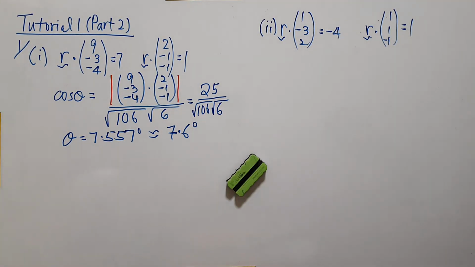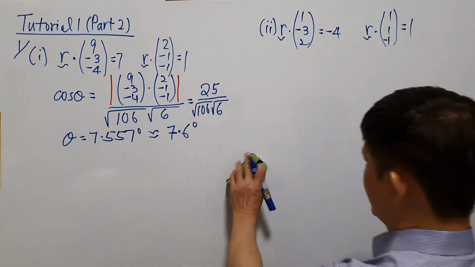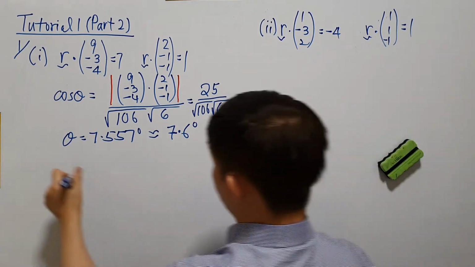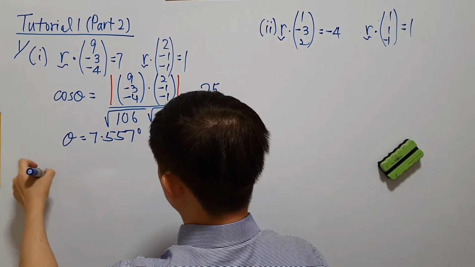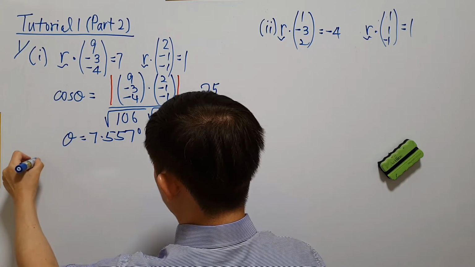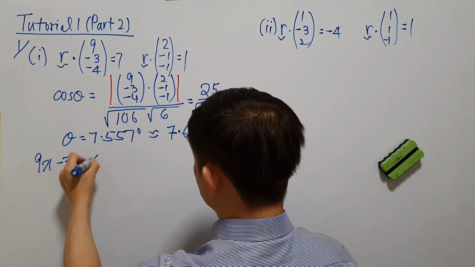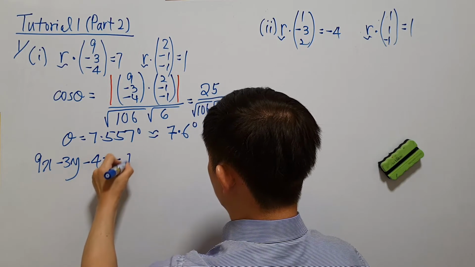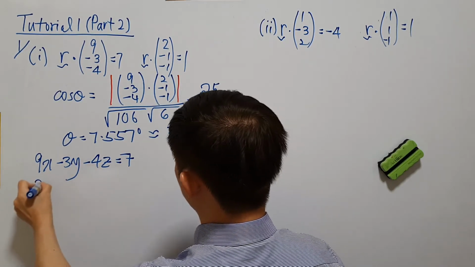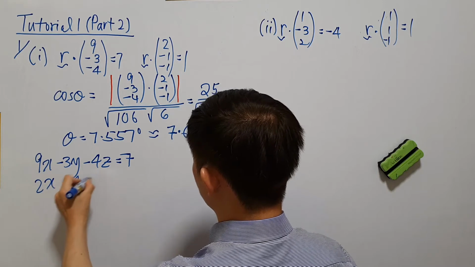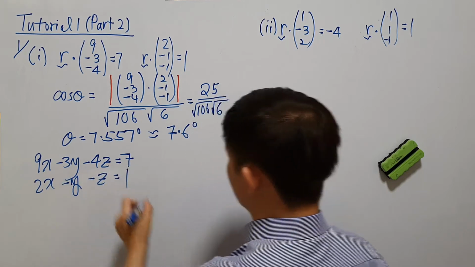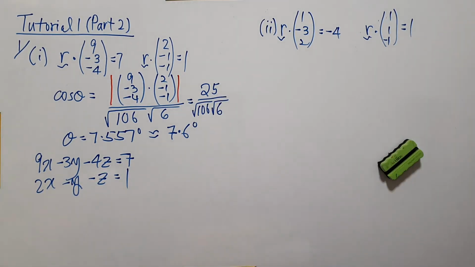Then the next thing is, you want to find the line of intersection between the 2 planes. To find the intersecting line between 2 planes, one method that we learned in the lesson is to start off with the Cartesian equations 9x minus 3y minus 4z equals 7, and 2x minus y minus z equals 1. These are the 2 equations of the 2 planes.